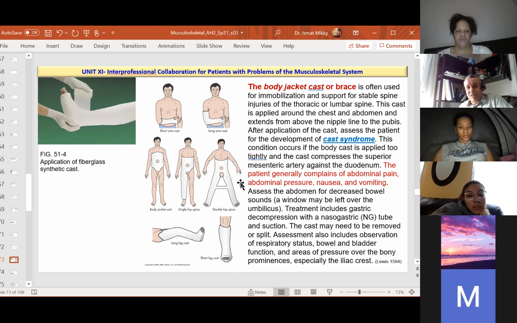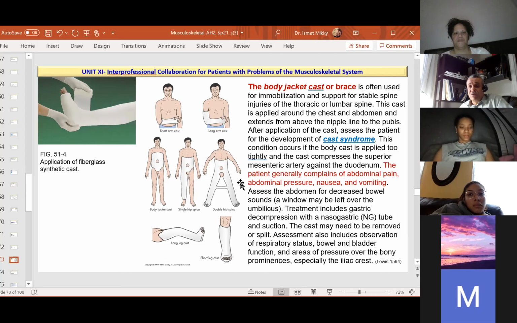So cast syndrome is one of the complications expected. We have to assess for that. The patient generally complains of abdominal pain, pressure, nausea, vomiting, and treatment would include, as the slide says here, NG tube decompression, attaching the NG tube to low suction.